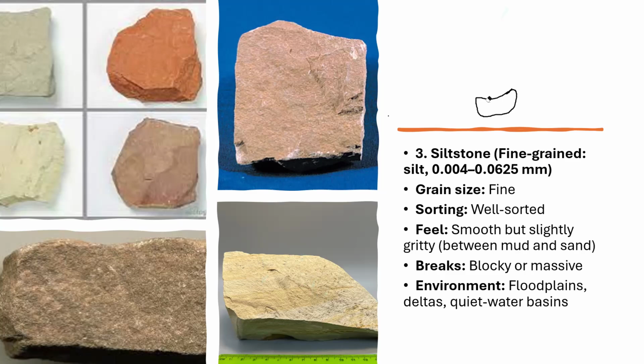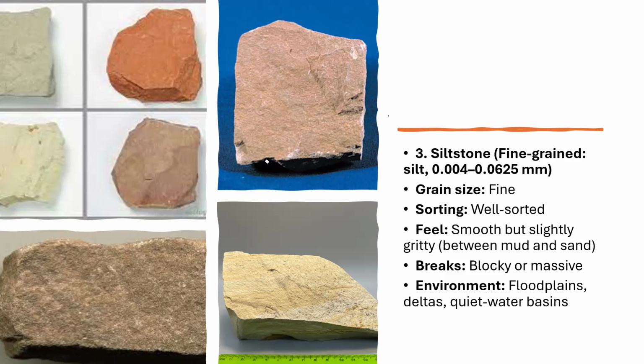And silt materials, these are the materials that range between 0.004 to 0.0000625 millimeters. That is the material between clay and sand. So this is very fine.